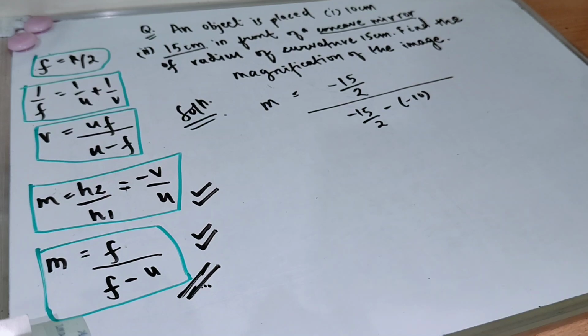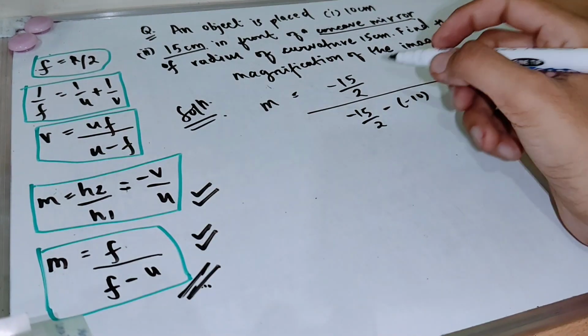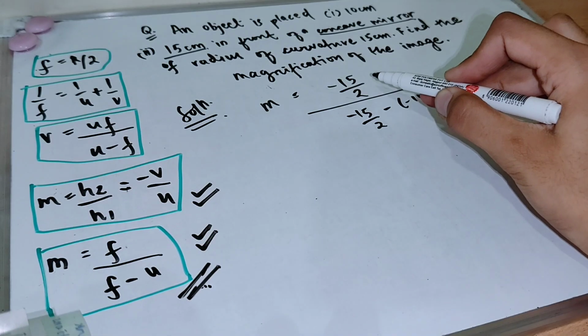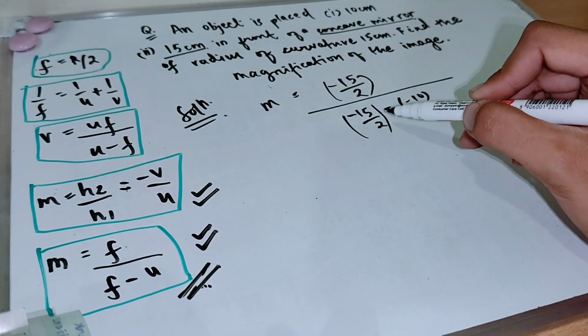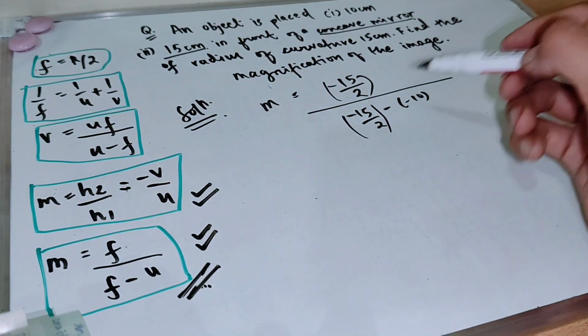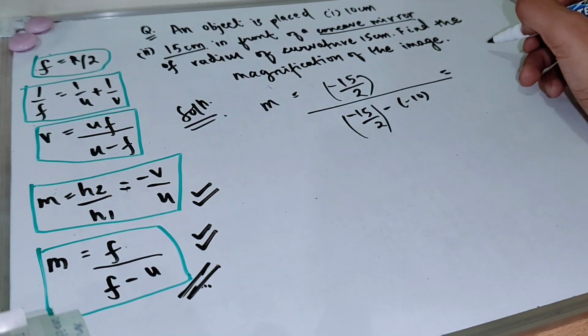Okay, so you will be able to see it clearly now. This is what it is. We have put in the value of f, and minus times u. Now I will simplify this.